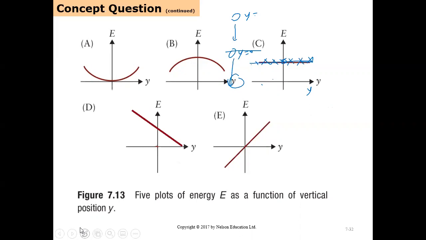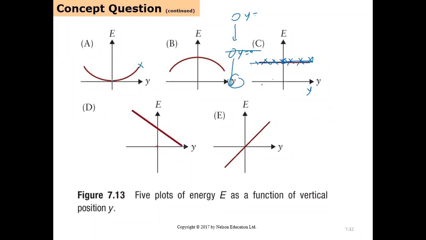And as the distance decreases, kinetic energy will increase, right? Okay. So for a high value of y, it will have a certain kinetic energy and it will decrease. This looks fine.